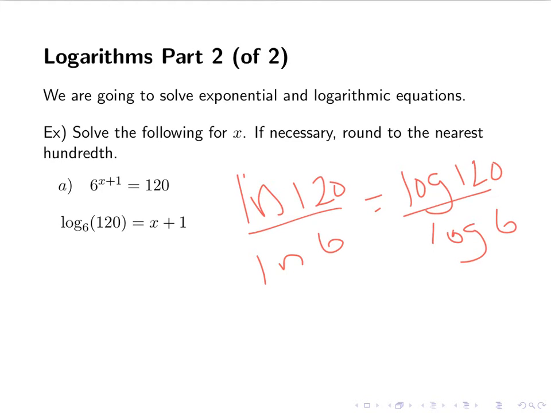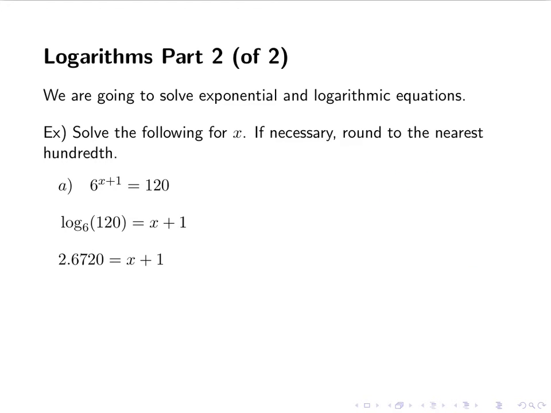Because it says to round your answer to the nearest hundredth, you're always going to want to use more decimals than that if you're in the middle of a problem. So I'm going to go to 4 decimals. I would always suggest doing at least 2 more than what it says to round your answer to. So log base 6 of 120 is 2.6720.